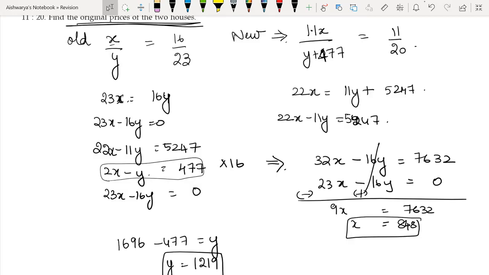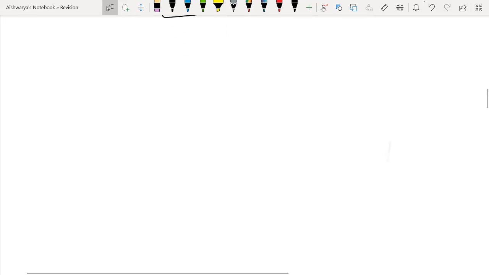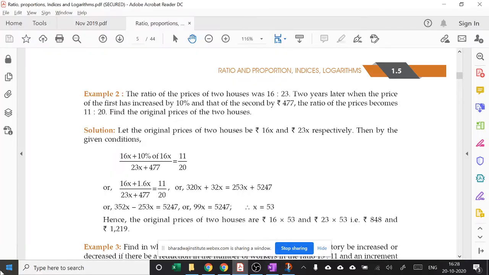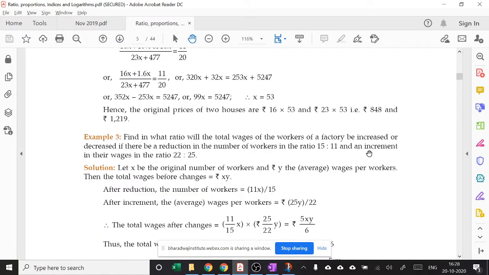Okay, so let us continue with proportions now. Proportions, I've already taught you the concept. If you look at the November 2019 paper, there are actually no questions on that proportion. So from your textbook, I want to take up one or two questions.